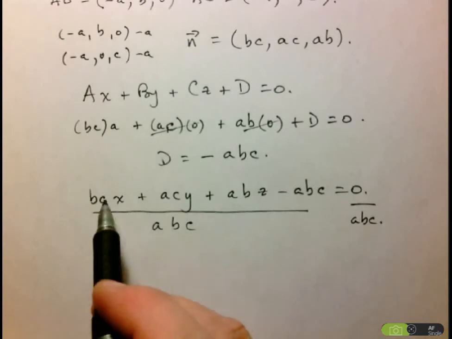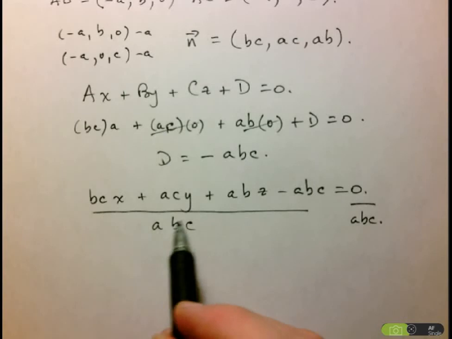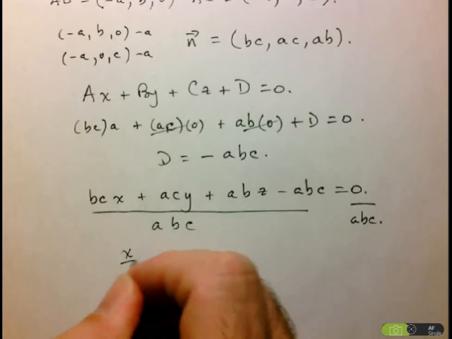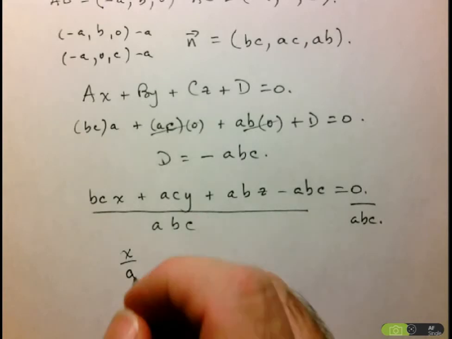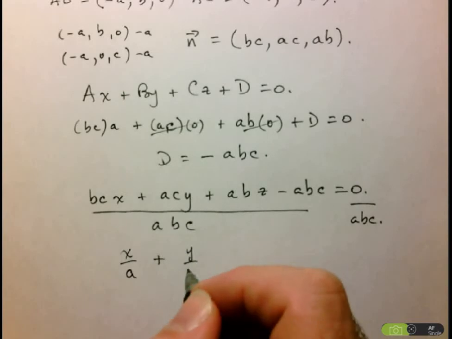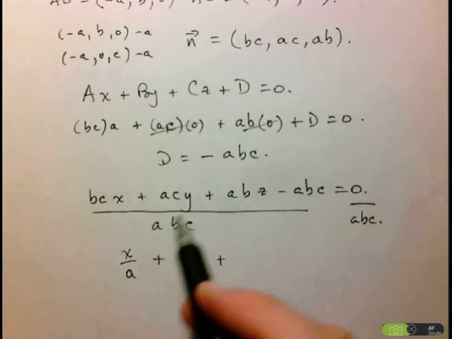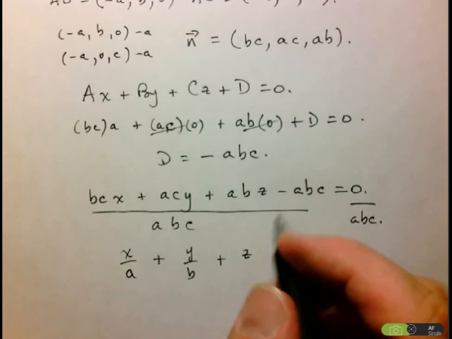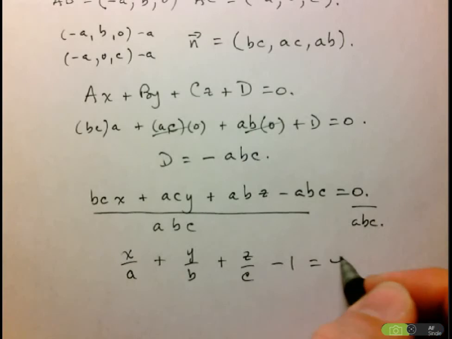When I divide each of the terms, the B and C cancel out, so all I'm left with is x over A, and A just happens to be the x-intercept of that plane. Here the A and C cancel out, and I'm just left with y over B, which is the y-intercept of the plane. And not surprisingly, here the A and B cancel out, so all I'm left with in the denominator is the C value, and then this just reduces to 1.